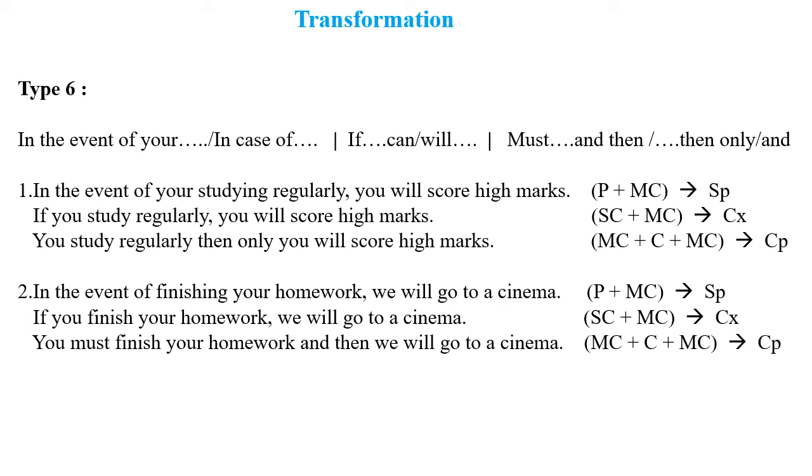For complex, in the event of your has been changed into if. Then the subject you, verb study regularly. If you study regularly, you will score high marks. This is the complex sentence. Then if we remove if and put the conjunction then only, we will get the compound sentence.